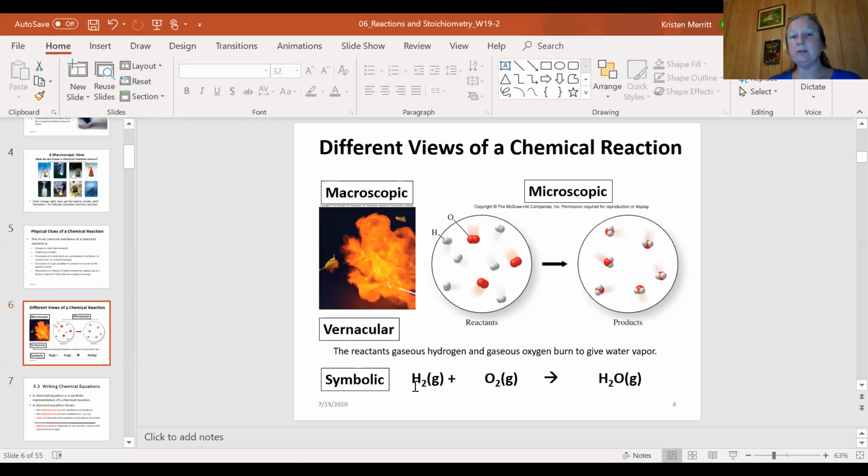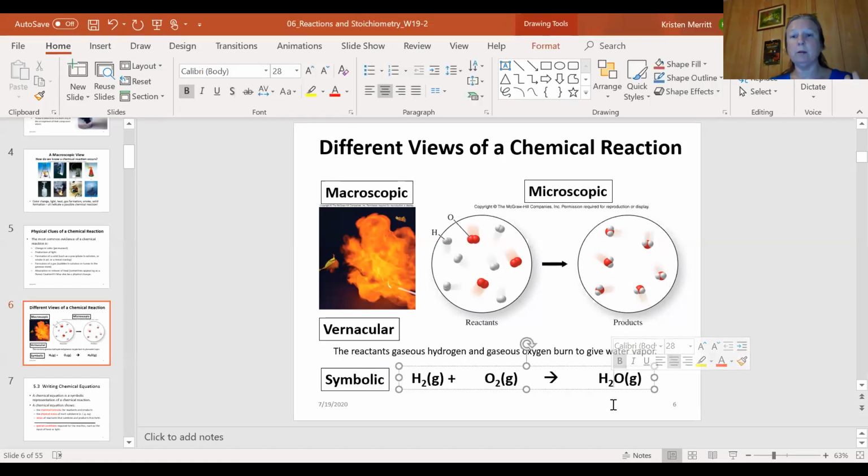Our sentence says this, and this actually says a tremendous amount of information. It says that hydrogen gas was mixed with oxygen gas to form this molecule, water. Now, there's a problem here. This is not balanced.